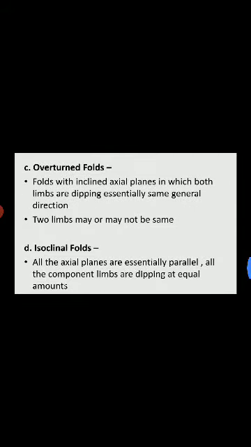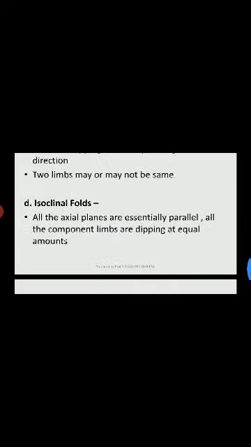The next one is an overturned fold. These are folds with inclined axial planes in which both limbs are dipping in essentially the same general direction. The two limbs may or may not be the same. The next one is the isoclinal fold.